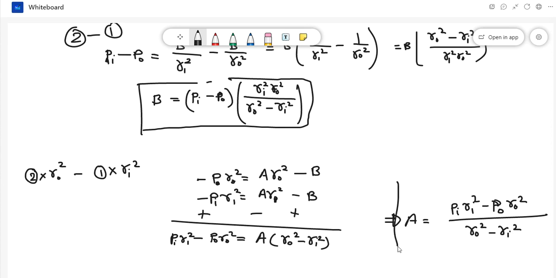So this is your A. Okay, so by this equation you can find out.